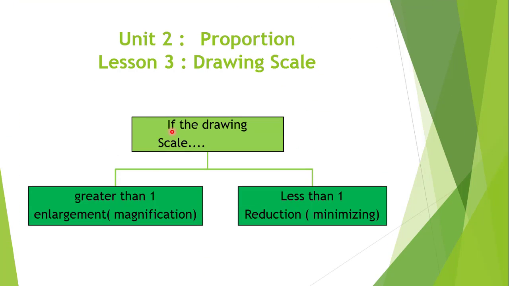Okay, when we calculate the drawing scale, it can be greater than 1 or it can be less than 1. If the drawing scale is greater than 1, it means I enlarge the object.